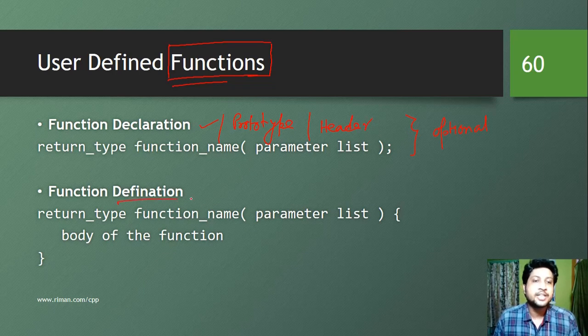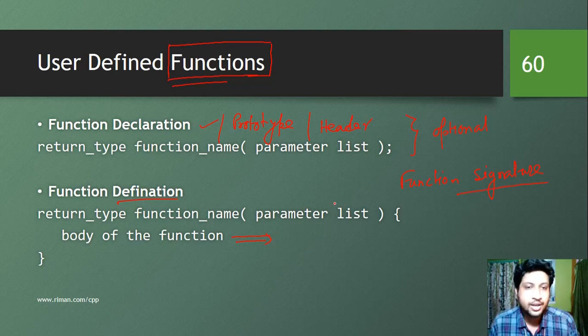Then you have the function definition, where you actually define what are the operations or what are the instructions that are needed to be inside that function. So in the function body, you are going to define what are the steps or what are the instructions that you want inside the function as a body of that function. So function definition is the second, and the third one is called the function signature. This function signature is used to call a function.